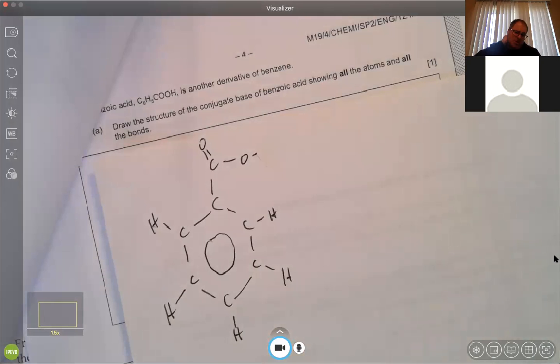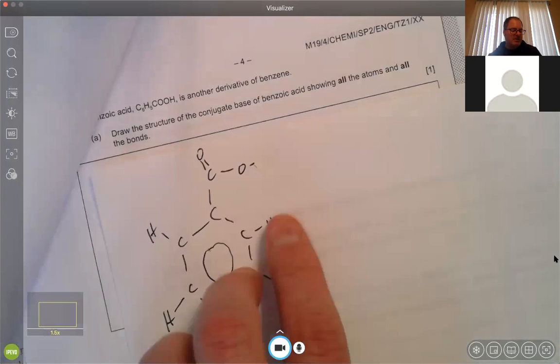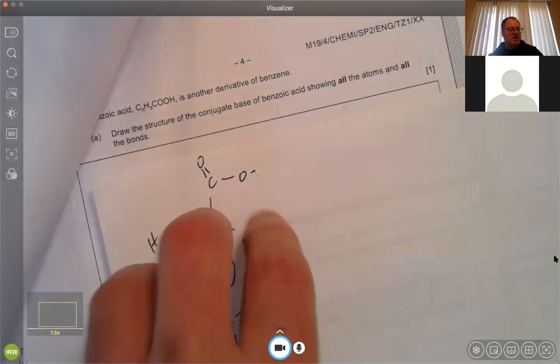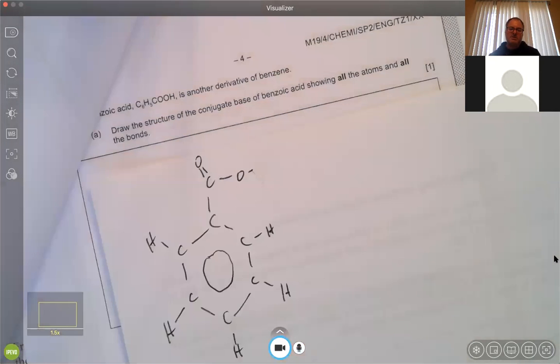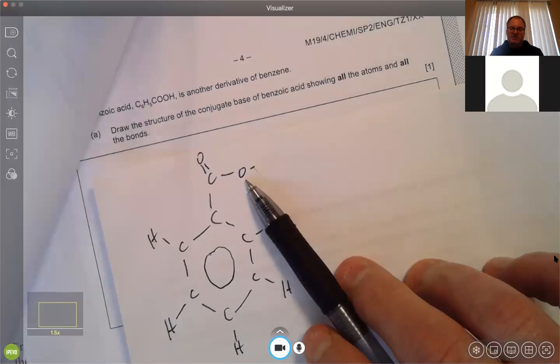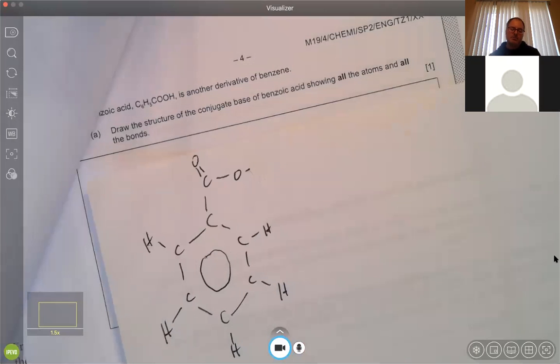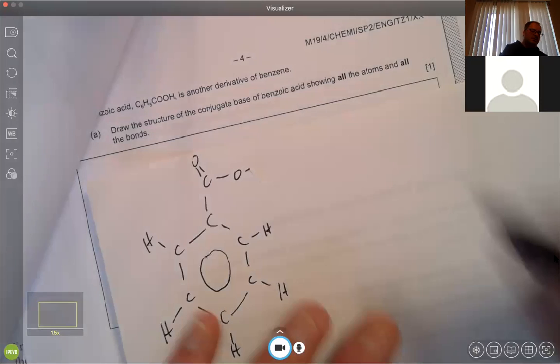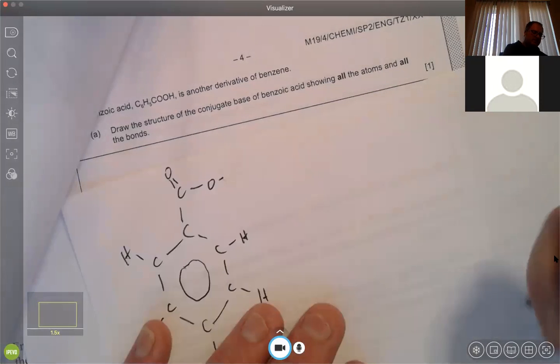If they're not strong acids, something is losing a hydrogen. Maybe it's dissolved in water. But that H that is attached to that O, that's the one that gets taken off. Even if we were to do sulfuric acid.